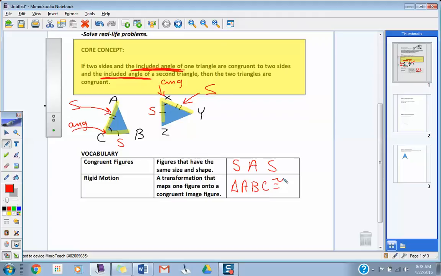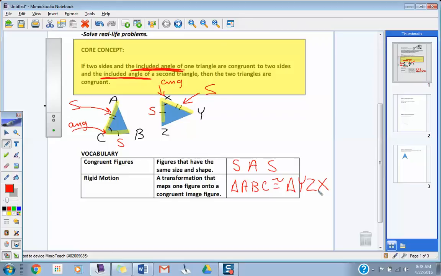Where would A fall? Y. Where would B fall? Z. And where would C fall? C would fall on X. So what's the order have to look like here for my triangle congruency? Say it one more time. Y, Z, X. Okay.